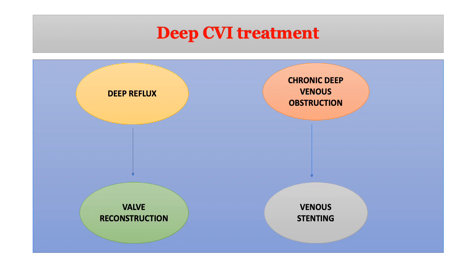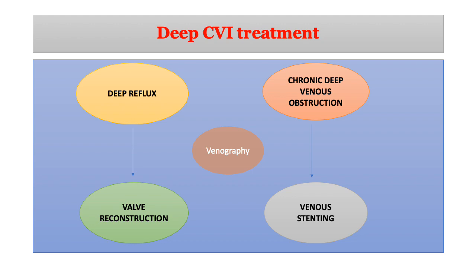Or if the cause of CVI in the deep veins is chronic deep venous obstruction, like chronic DVT, we can use venous stenting. Of course, in both these two conditions, we need venography. Venography is needed and it should be considered in cases of deep chronic venous insufficiency.